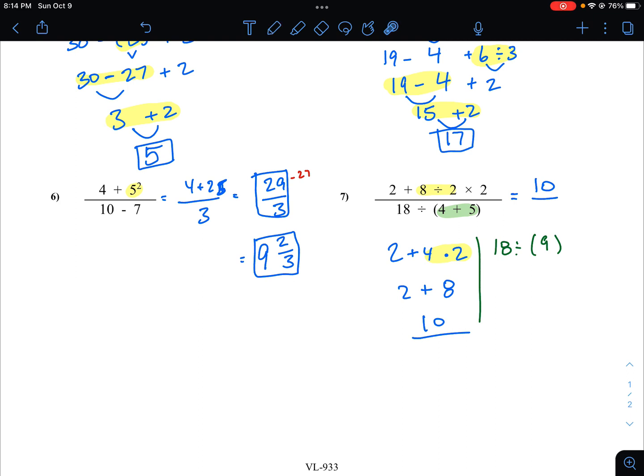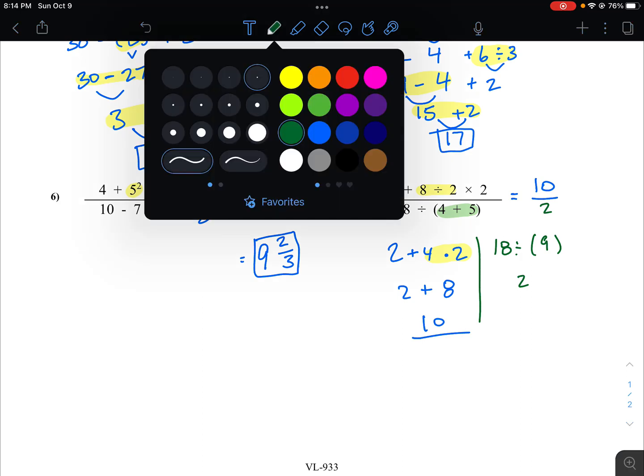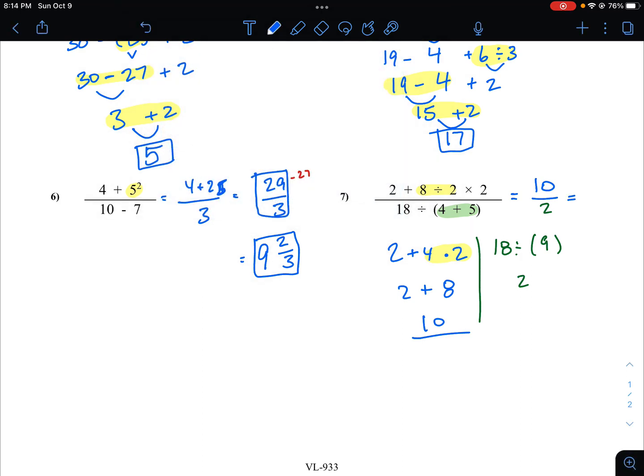And so what does this mean? 18 divided by parentheses 9. Oh, that's just 18 divided by 9, because there's nothing I can do with the parentheses. If there was a number right next to it, I would multiply, but there isn't. So it's just 18 divided by 9, which is 2. The bottom is 2, so it's 10 divided by 2. What is 10 divided by 2? It is 5. Huh, look at that, another 5.